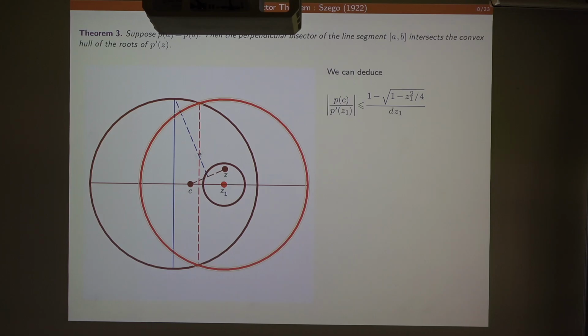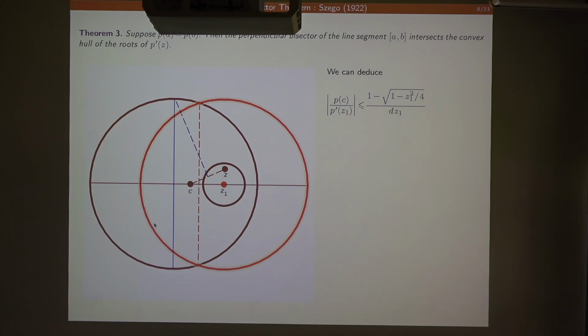And the figure is like that. You have C, you have Z. P(C) equals P(Z). Then the perpendicular bisector intersects the convex hull of the roots of the derivative.